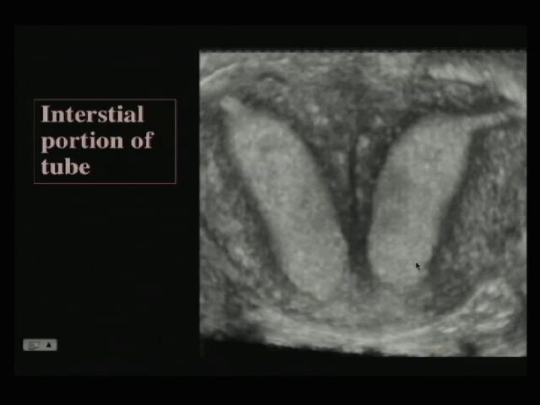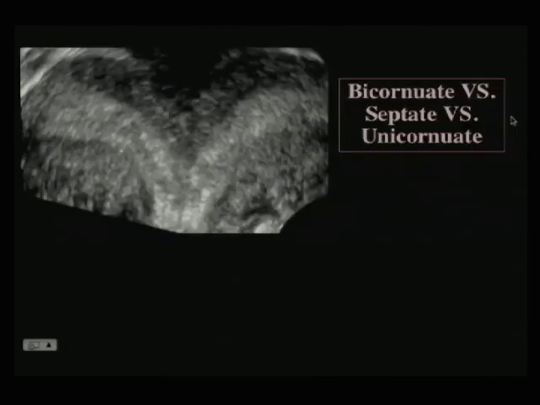And here's another example of a patient with a septate uterus, showing you how nicely you can see the portion of the tube that travels through the myometrium. Here is an example of a bicornuate uterus where you can see the indentation at the top of the uterus as well as the indentation in the cavity.